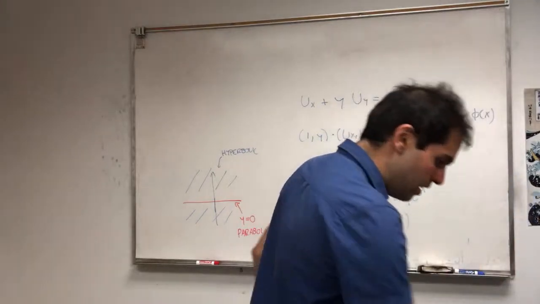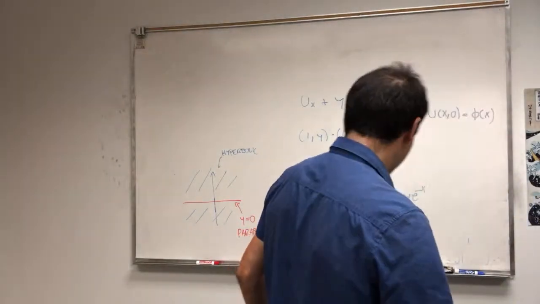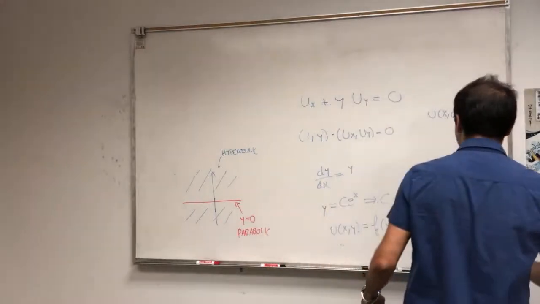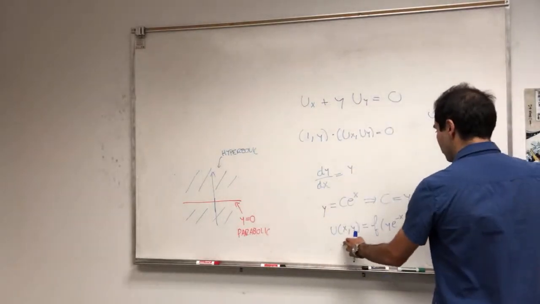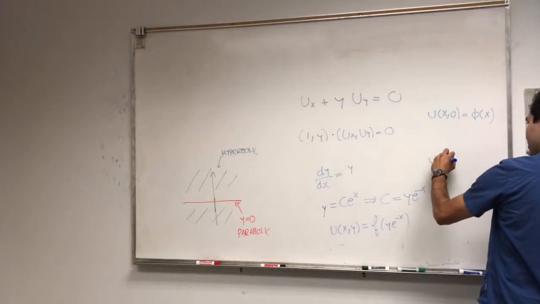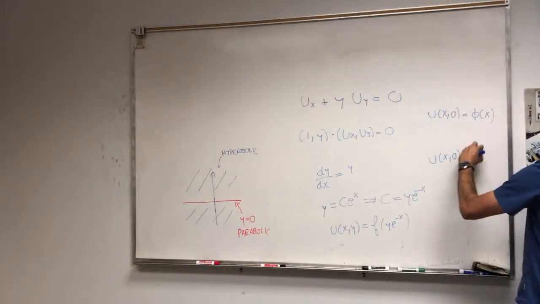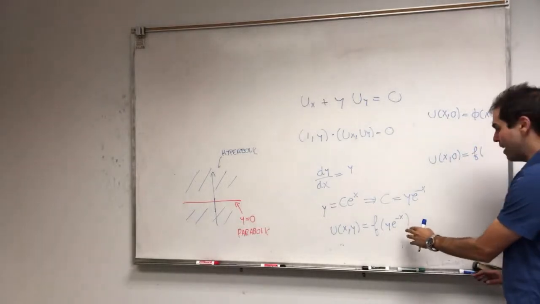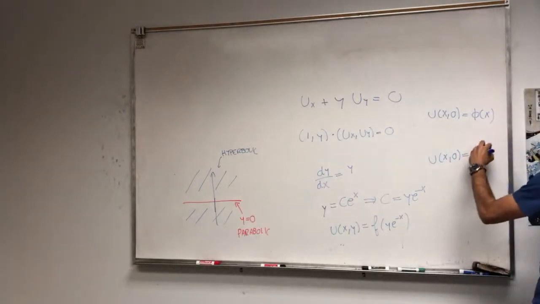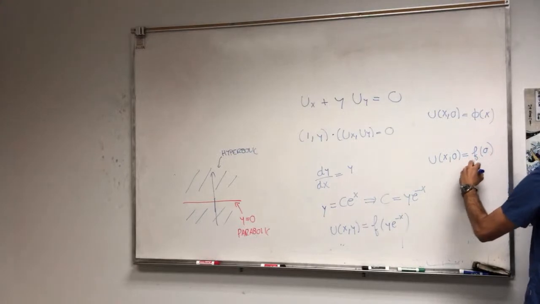And then the question is, for phi of x equals x, u of x,0 becomes f of 0 e to the minus x, so f of 0, and that's phi of x.